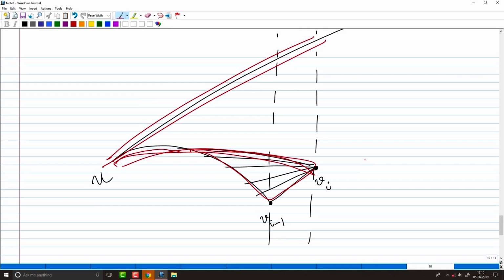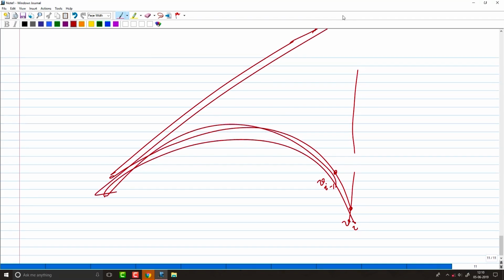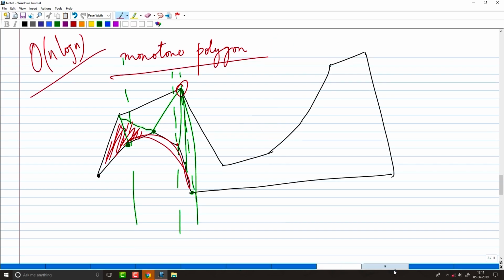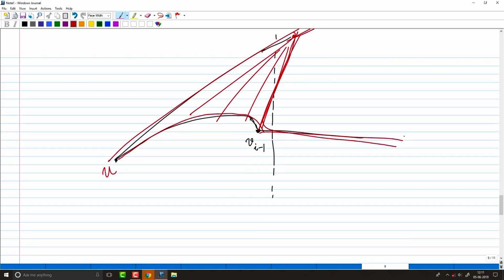In the case where you cannot draw the diagonals, still the structure remains the same: a chain of reflex vertices and a line. So, you had three cases, one where V I was on the top, you killed everything, and again that edge will remain and then this structure remains.